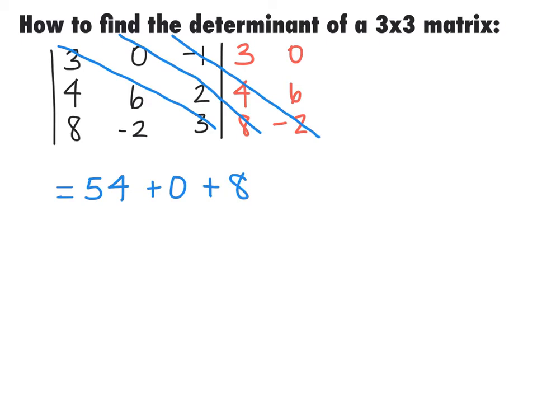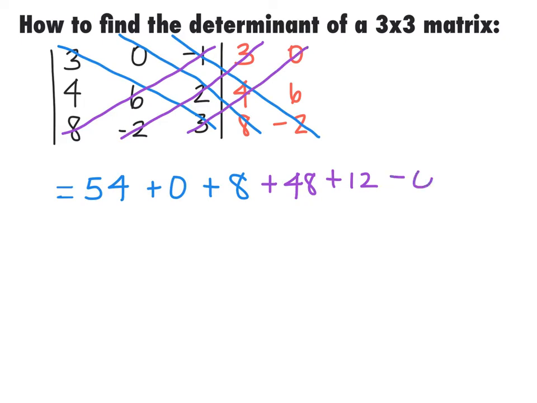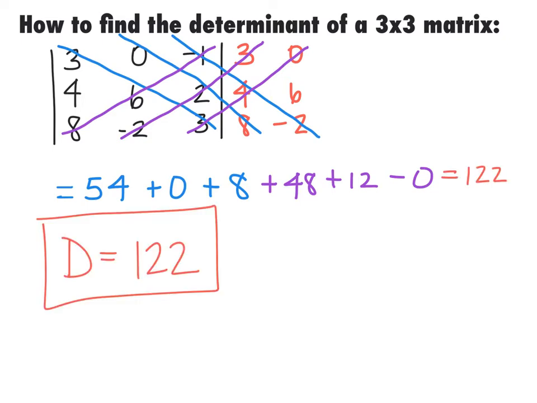When we move in the opposite direction, we're going to subtract each time, just like in a 2x2. So this is going to be 8 times 6 times -1, which is -48, but we're subtracting it, so that becomes addition. Next one, -2 times 2 times 3. That's -12, but I'm subtracting it, so it becomes +12. And then last but not least, we got 3 times 4 times 0, and anything times 0 is going to be 0. So when I algebraically work this out, my determinant is 122 for this 3x3 matrix.